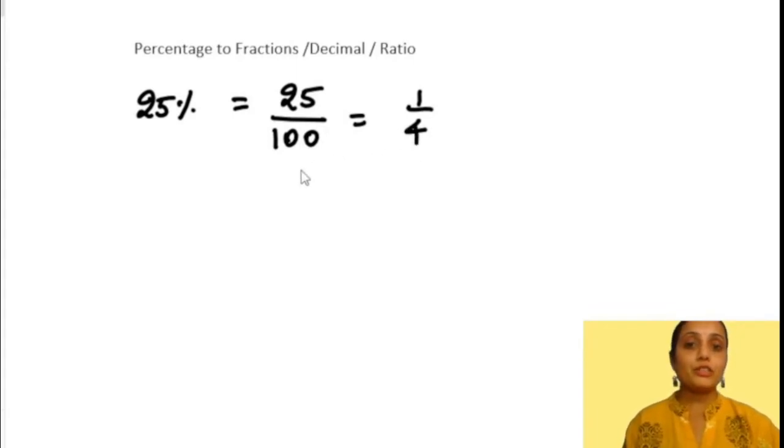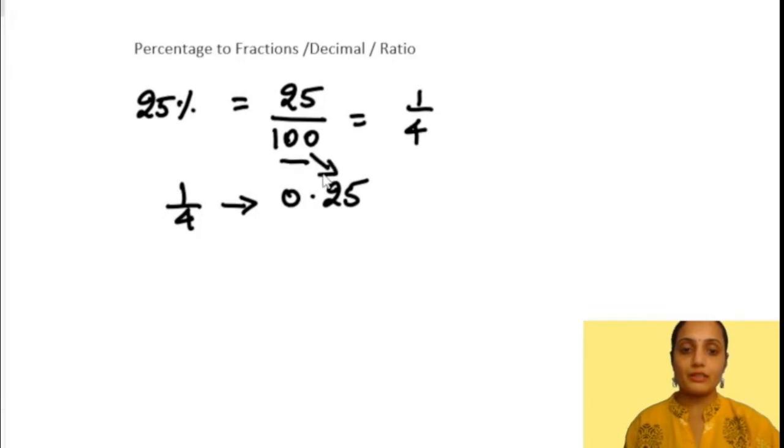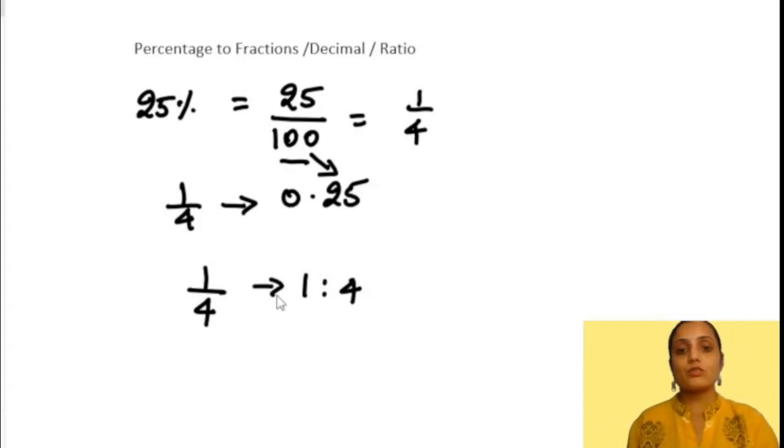Now if you want to change it to decimal, converting 1 by 4 into decimal we get 0.25, or you can get it directly from here as well. You can get it as 0.25. And now converting to ratio, once you have the simplest form of the fraction available, you can write this as 1:4.